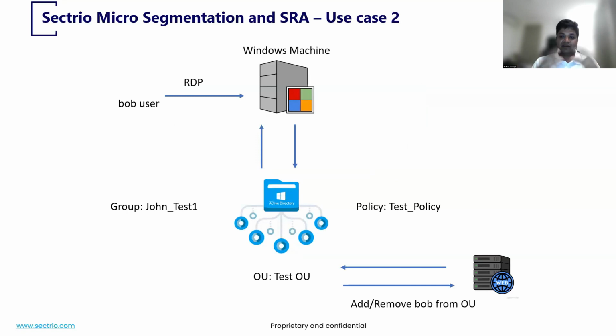Or even during an RDP, using the secure remote access solution and the micro segmentation solution, you'll be able to give remote access to a specific user from external to internal, wherein user-based policies can be set up, where group users can be set up, where only users using a specific IP address, or a user using a specific machine which has a whitelisted MAC address, or we can have an integration with AD for any authentication checks as well.